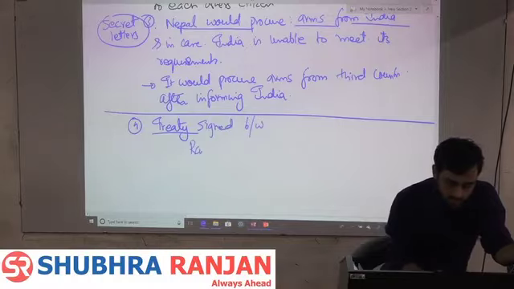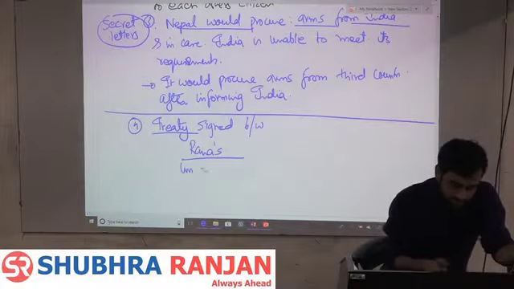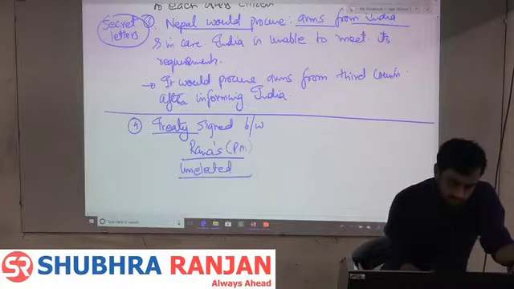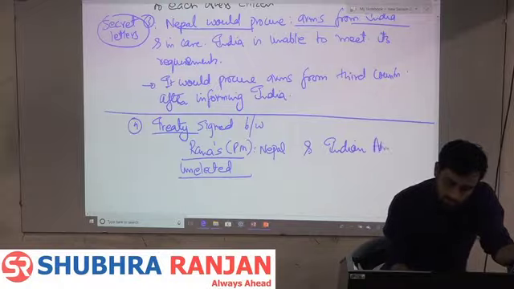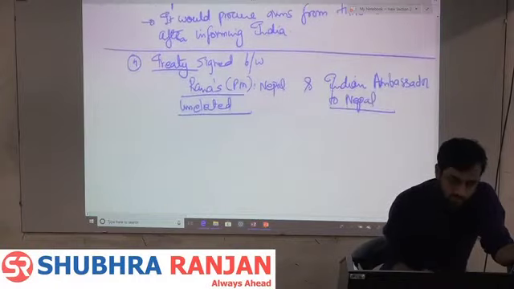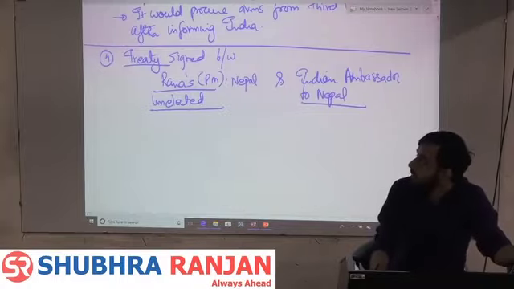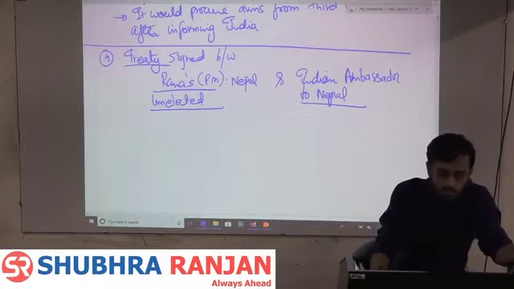Between the Ranas, the Rana Prime Minister, who was the unelected yet Prime Minister of Nepal, and the Indian ambassador to Nepal.